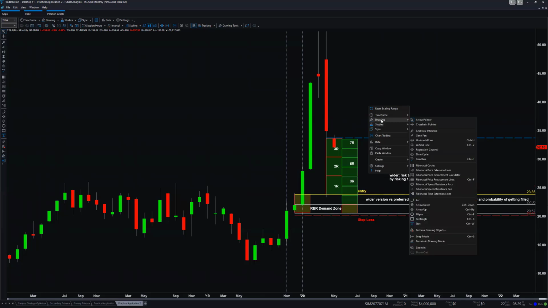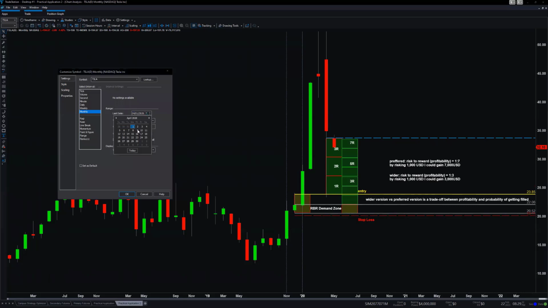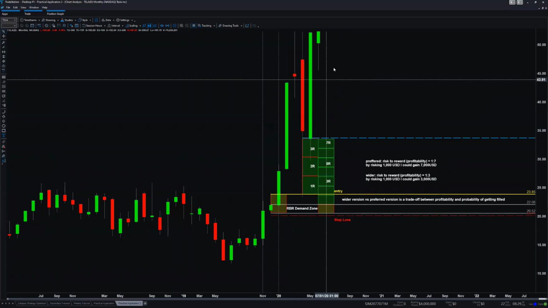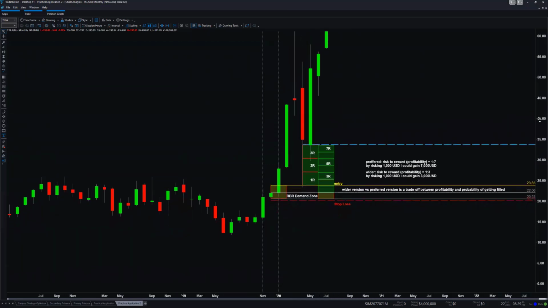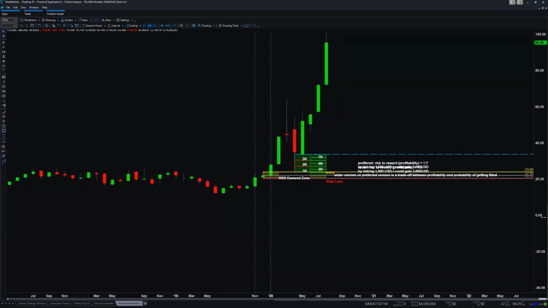Now, of course, we could conclude here that the higher the price would go thereafter, if we go another couple months into the future, the more reward you would gain, right?